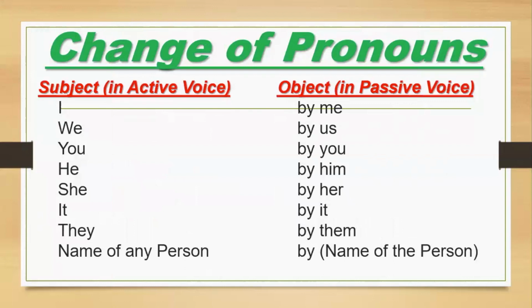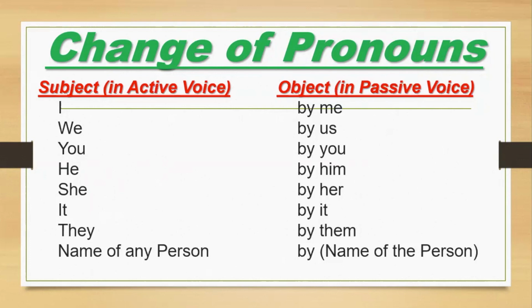Now, change of pronouns. Like there was a sentence, she sings a song. A song is sung by her. Yes, so why have you changed she into her? Because it is important to change. So like this only, there are some rules of changing pronouns, like I changes into by me, we, by us. You remains same, that is by you.